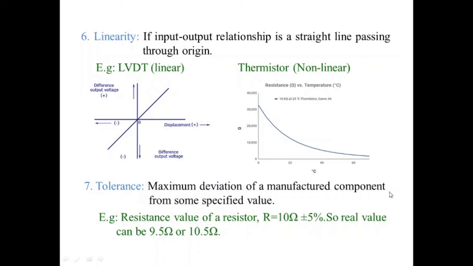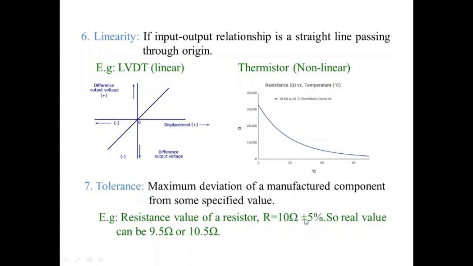The next static characteristic is tolerance. The maximum deviation of the manufactured component from some specified value, we call the tolerance. When we buy some equipment from the market, we get a data sheet, and in it they clearly mention the tolerance level. For example, take the resistance value of a resistor. It is expressed as 10 ohm plus or minus 5%.